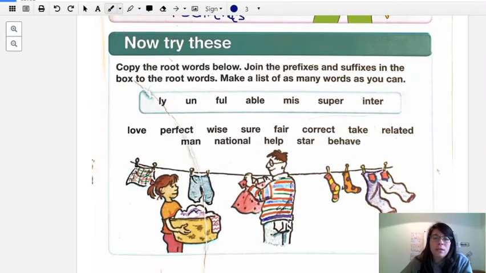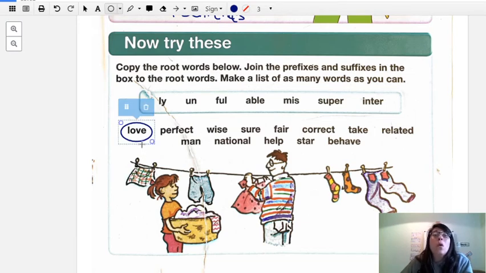The last exercise that you have for today says, copy the root words below, join the prefixes and the suffixes in the box to the root words. Make a list of as many words as you can. So you take a word, let's find it. Let's take a root word. It's just love.